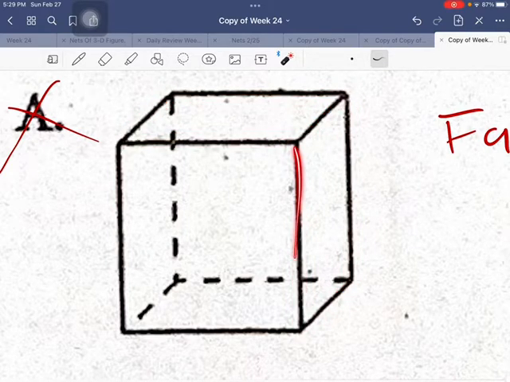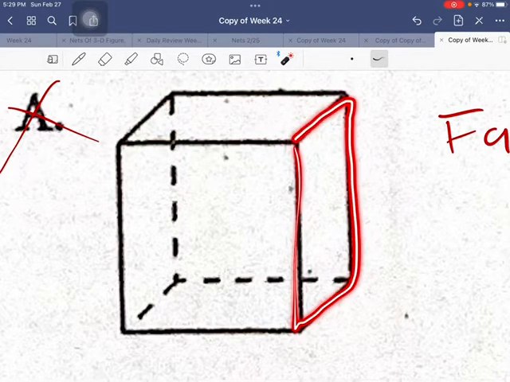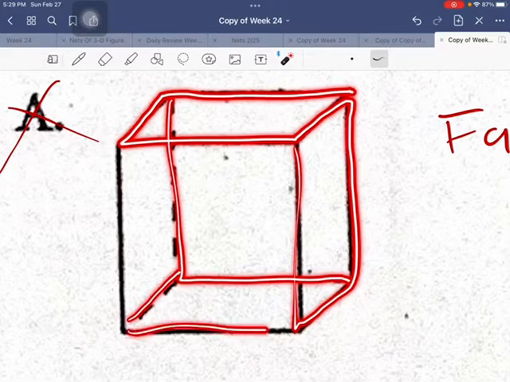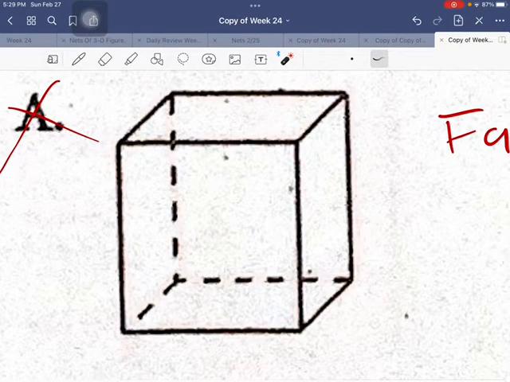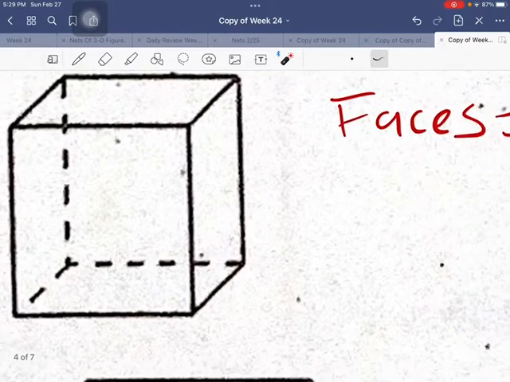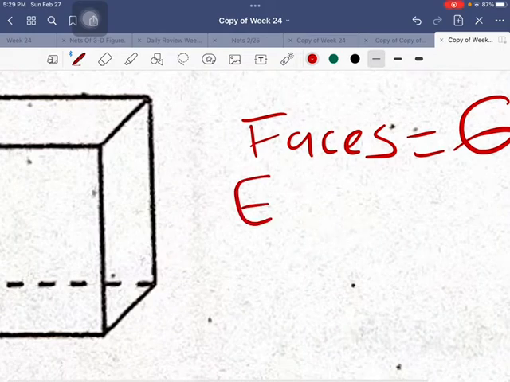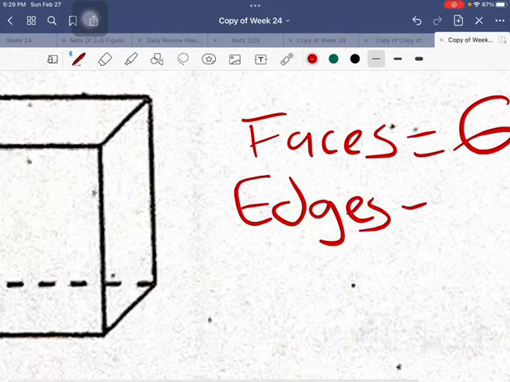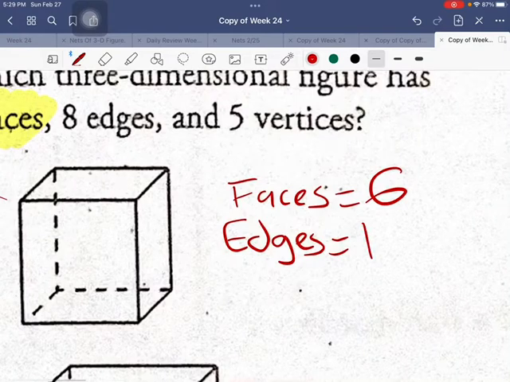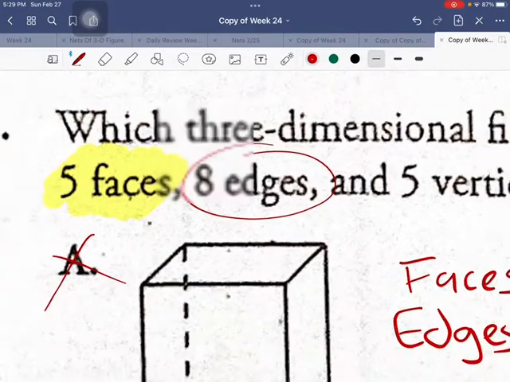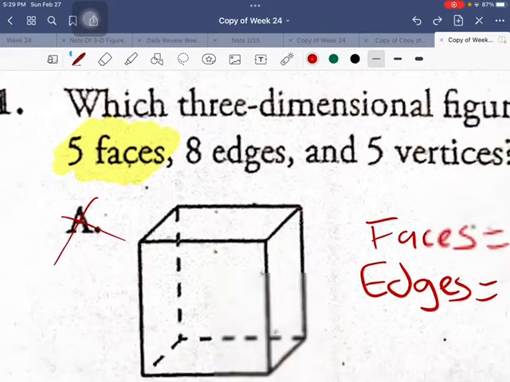Let me count again. 1, 2, 3, 4, 5, 6, 7, 8, 9, 10, 11, 12. There we go. I counted it again just to make sure, because I jumped one and got confused. Edges is 12. 12 líneas de estas. 12 lines. We're looking for 8. So it's wrong on 2 occasions.